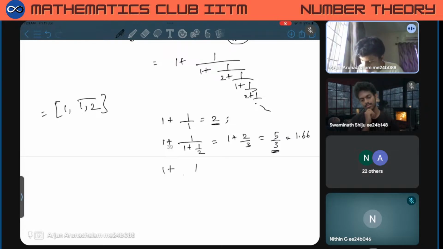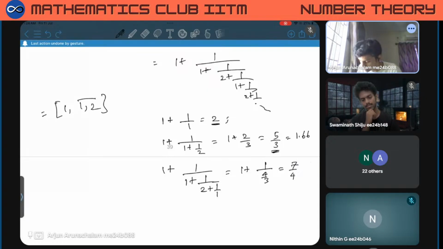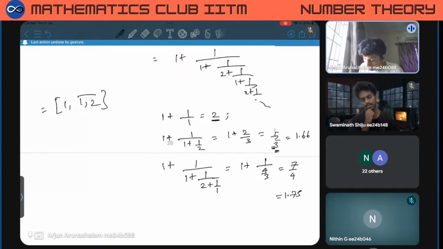Now let's go to the next stage. 1 plus 1 by 2 plus, I think, 1 by 1, right? So this becomes 1 plus 1 by 3, 4 by 3. This becomes 7 by 4, which is 1.75. Let's say you go one further.